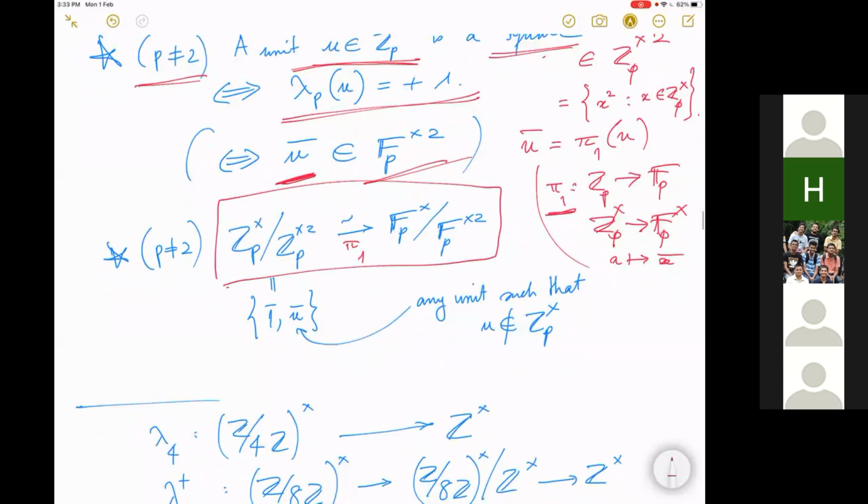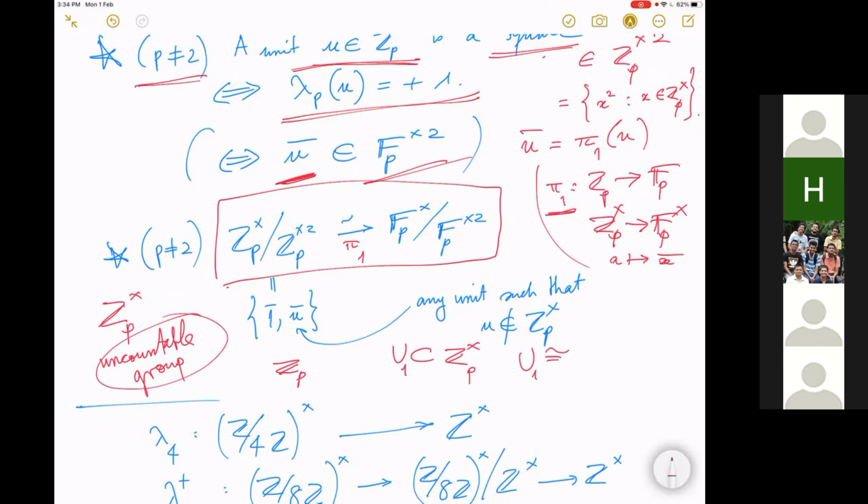So let me just recall that ZP star is actually an uncountable group. We haven't seen why it's uncountable. We have seen why ZP is uncountable, and we'll soon see that ZP star has a subgroup U1 which is isomorphic to ZP, and therefore ZP star is going to be uncountable once we have established these things.